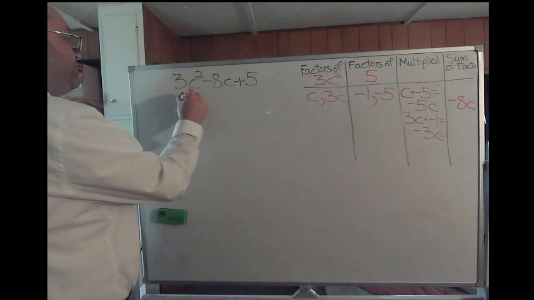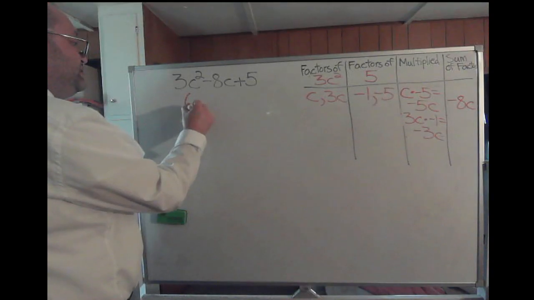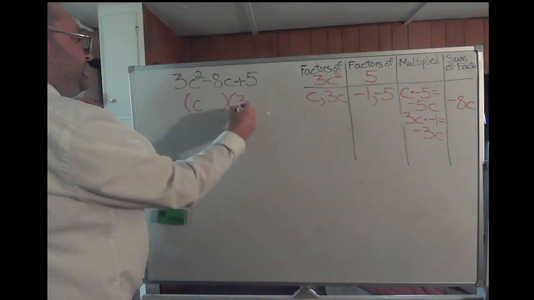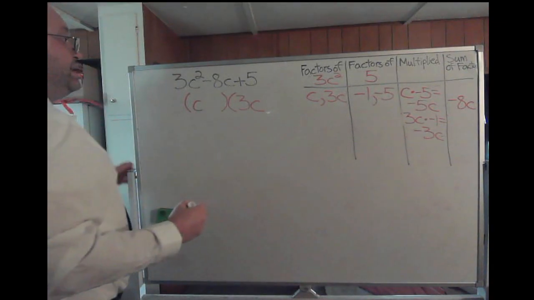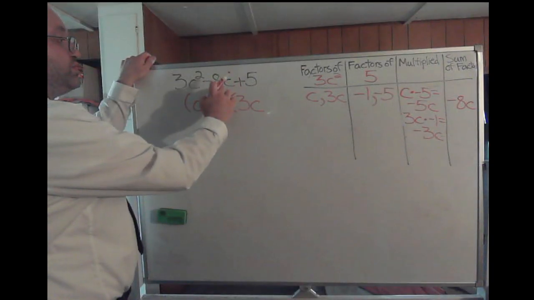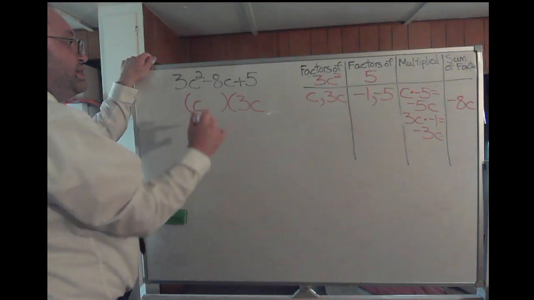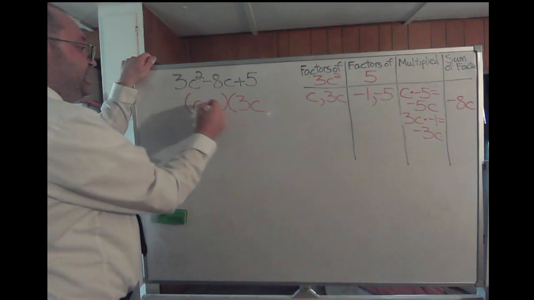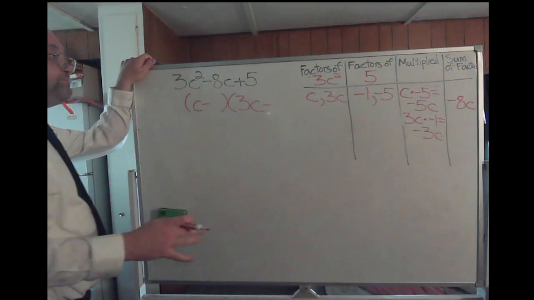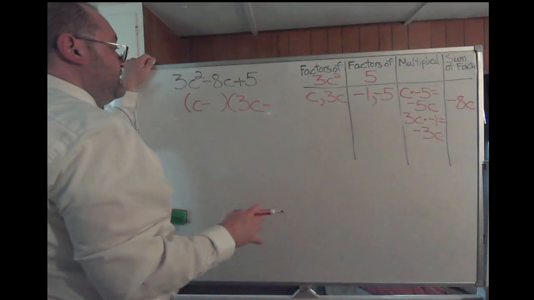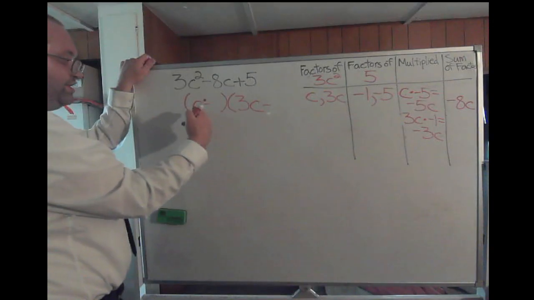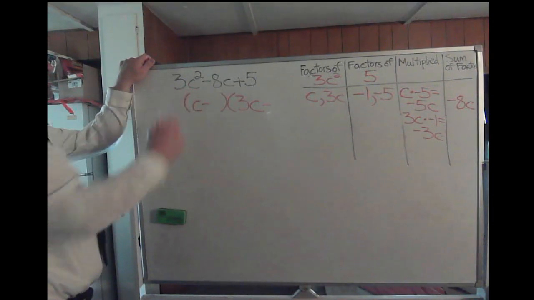So now you're going to take your factors of 3c squared, which would be c times the quantity of 3c. Now, your constant term was positive, but your middle term was negative, meaning you're actually going to have 2 minuses here for your factors because you need to make your middle term negative. Because here, if you take c times 3c, you get your 3c squared.